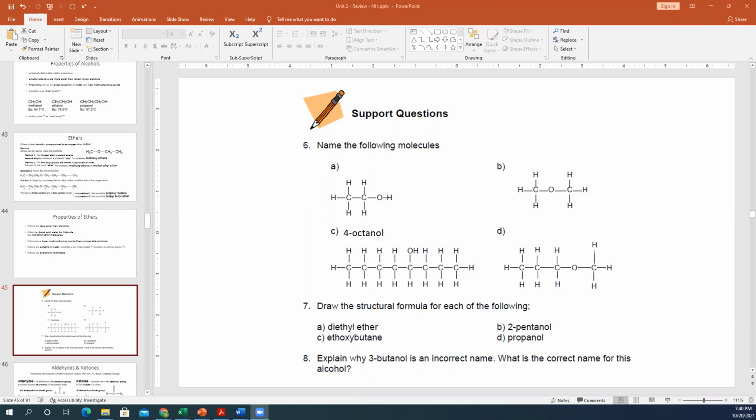Or you can name it with propane as the longest parent chain and the other one as the methoxy, or you could name this as methyl propyl ether. That would probably be the most straightforward way of doing it. Just go alphabetically. Methyl comes before propyl, so methyl propyl ether. That would be another example.